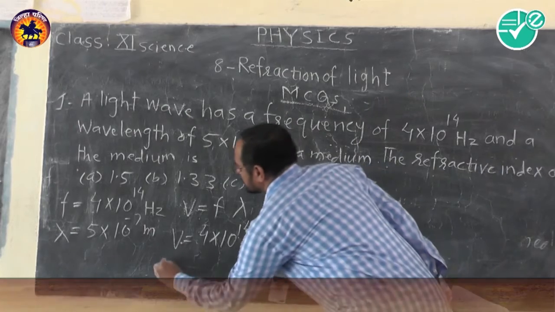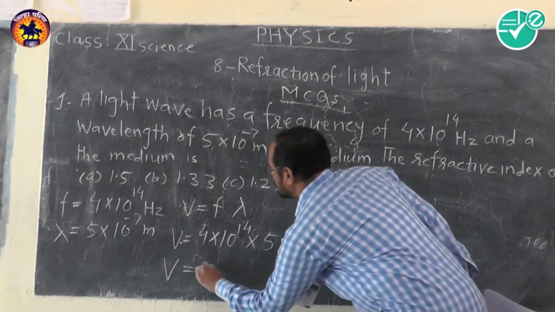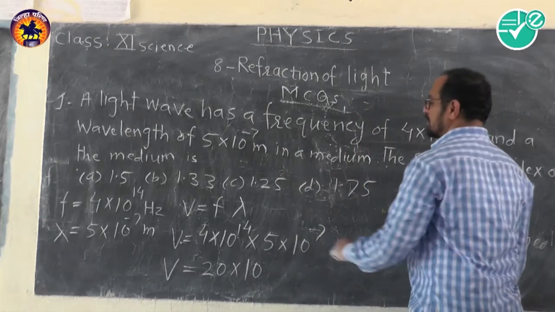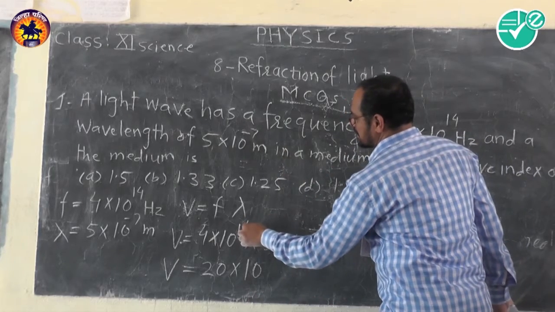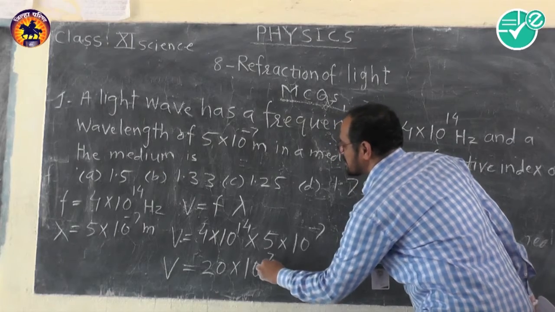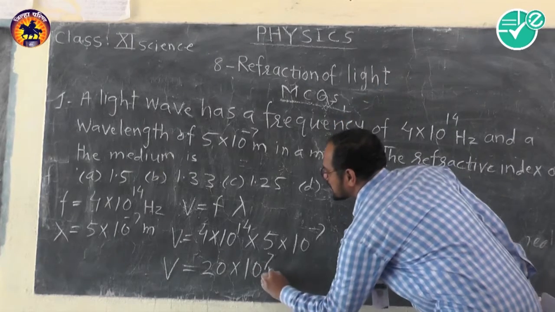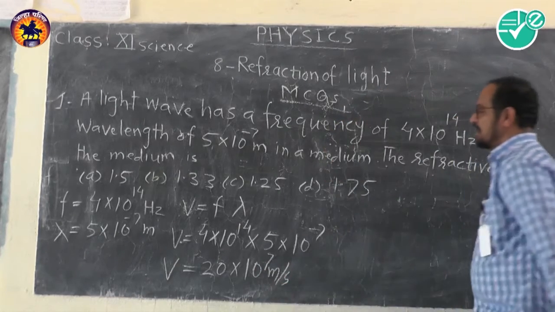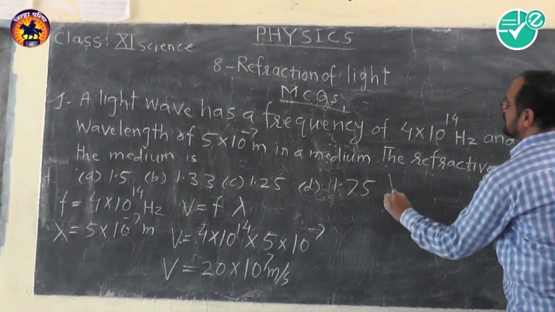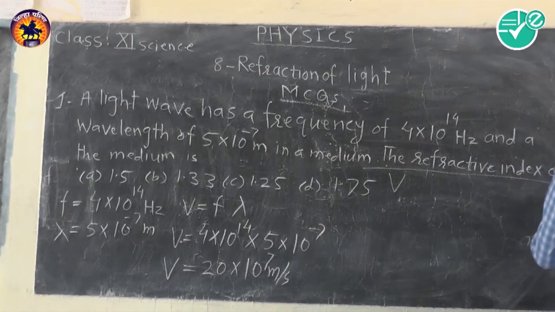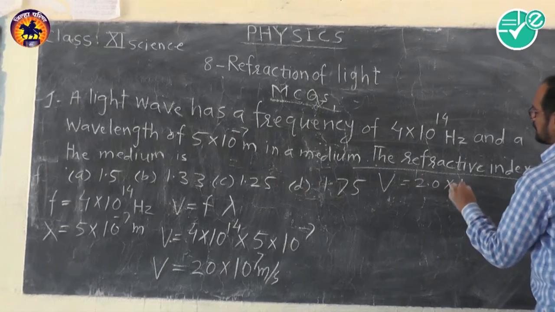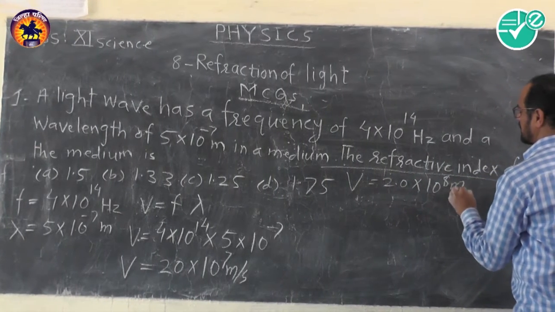Here 4 fives are 20 into 10 to the power, and 14 minus 7 gives plus 7, meter per second. Or we can also write this as V is equal to 2.0 into 10 to the power 8 meter per second.